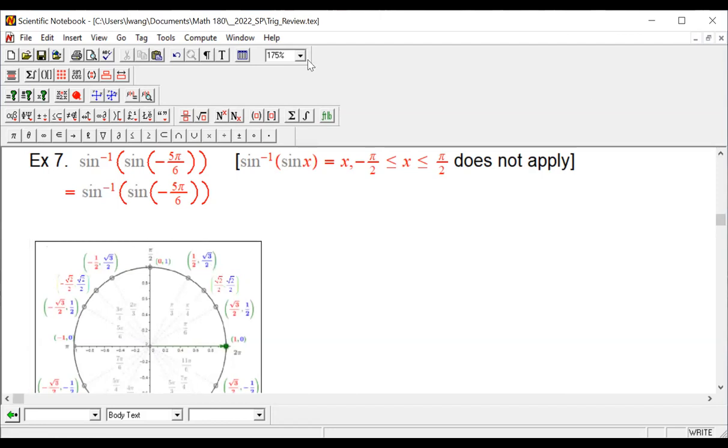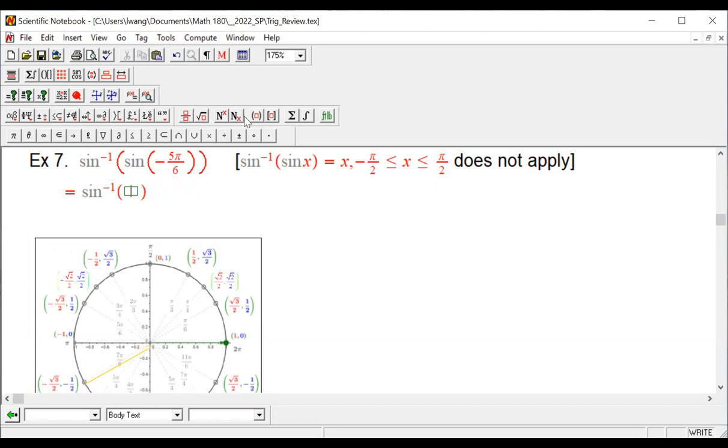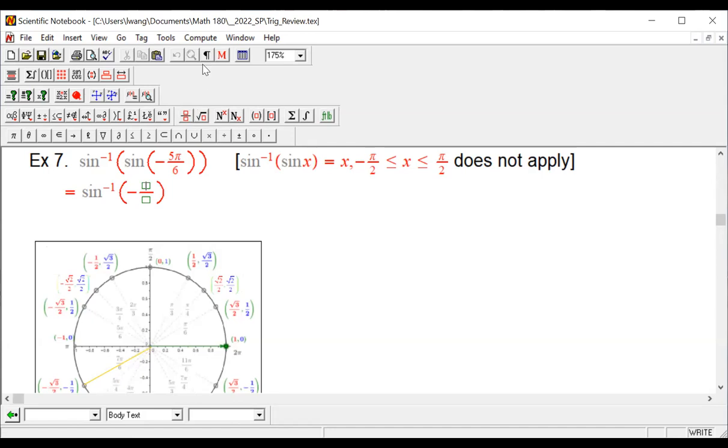We're going to measure from standard position clockwise, so we're going to terminate here. So what's the blue number? The blue number is negative half. So we're going to replace this by negative half.